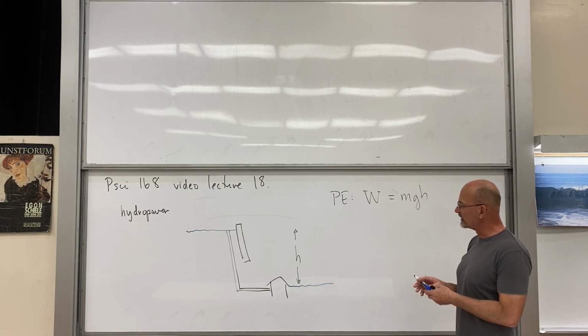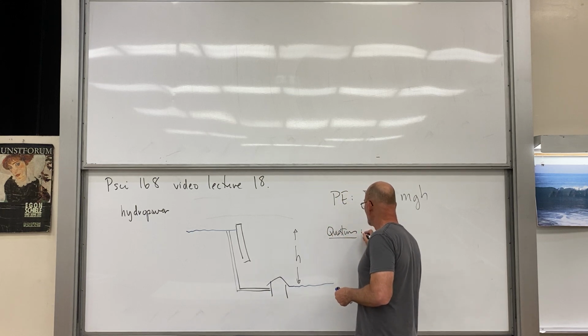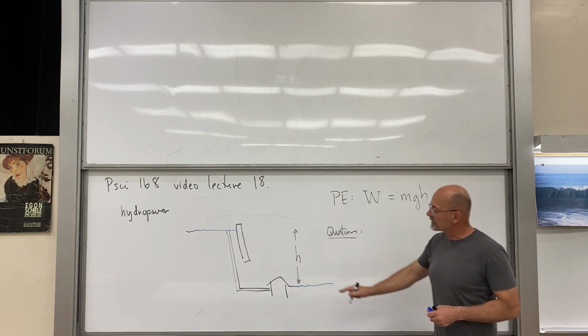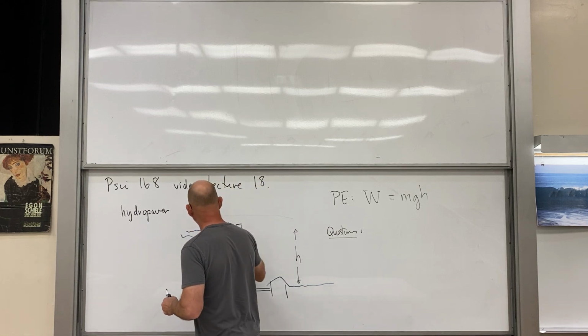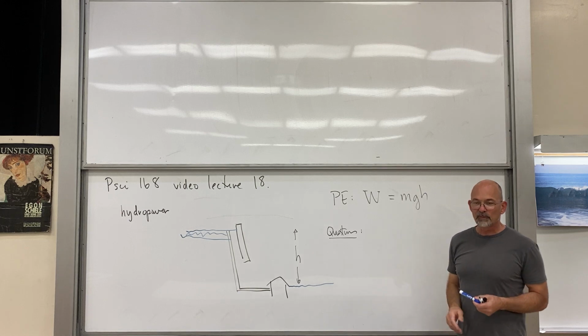So there are two questions now. One of them has a really basic answer. The question is, how did the water get up here in the first place? Okay, there's our lake. How did the water get up there in the first place?